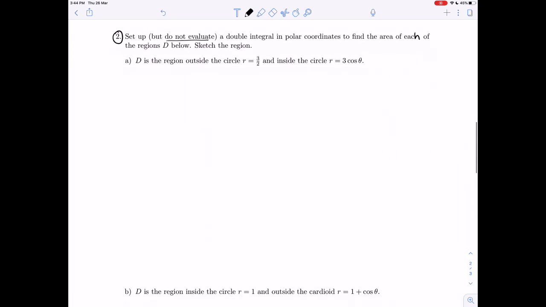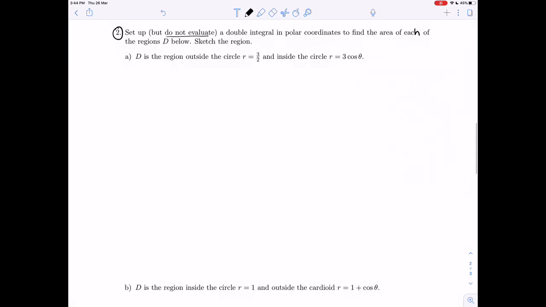So D is the region outside the circle r = 3/2 and inside the circle r = 3 cos theta. So we have to remember our circle equations from our curves here. r = 3/2 is centered at the origin.